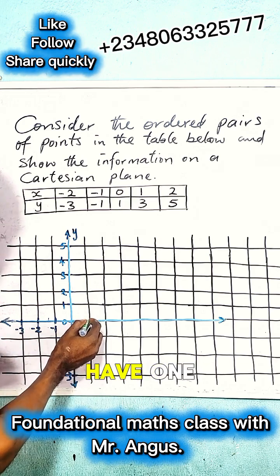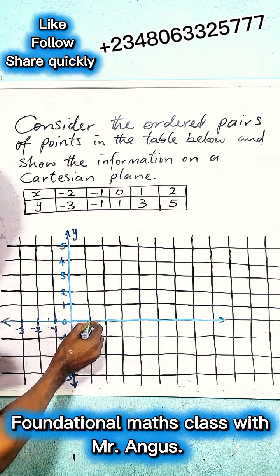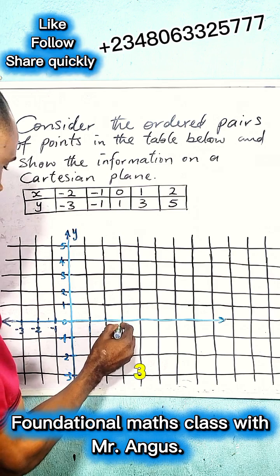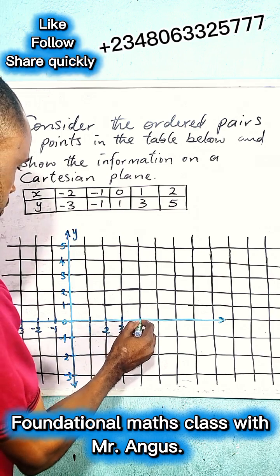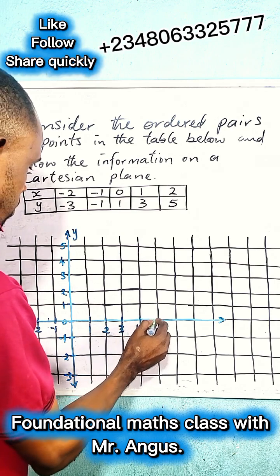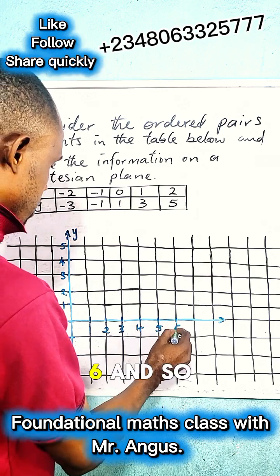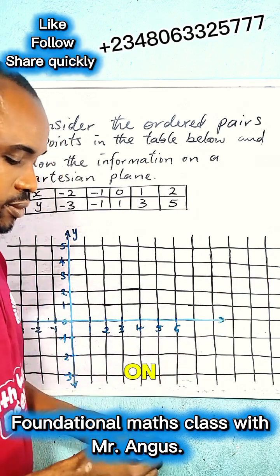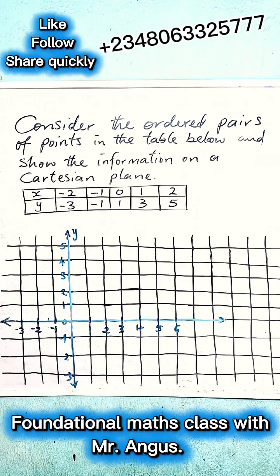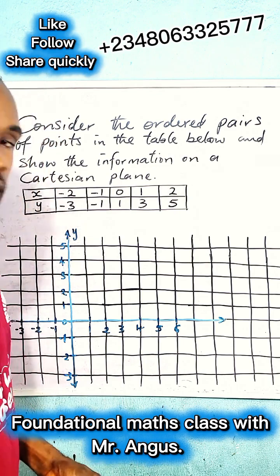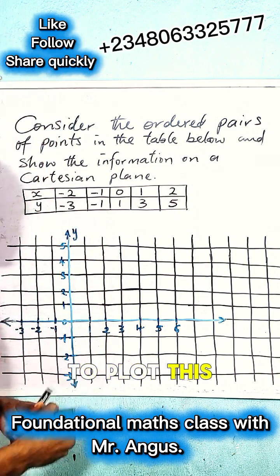Then in this place we have 1, 2, 3, 4, 5, 6, and so on. So let us now go ahead to plot these points.